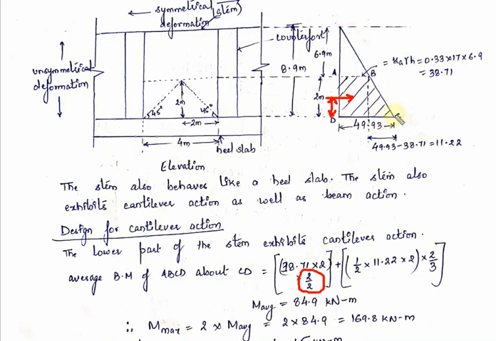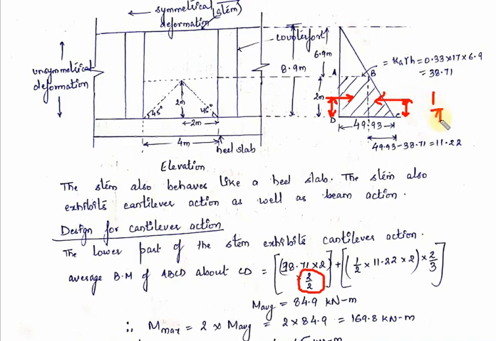Now take the area of this triangle, which will be converted into force. So half base into height. The base we can calculate from the geometry. This is 38.71, the total is 49.93, so the base will be 49.93 minus 38.71, that is 11.22. This force will act at the CG of the triangle, and the CG of the triangle from the base is 1 by 3 of the height.